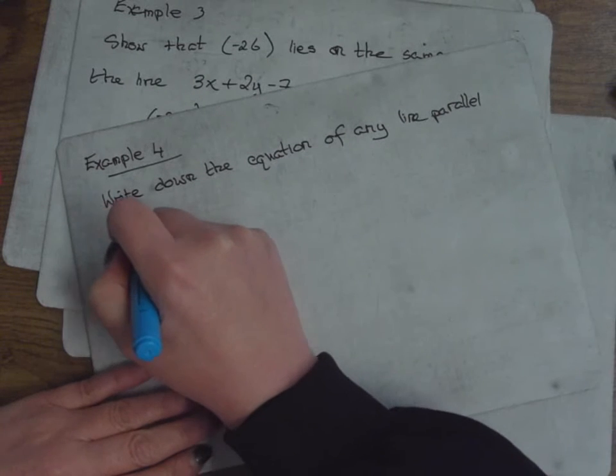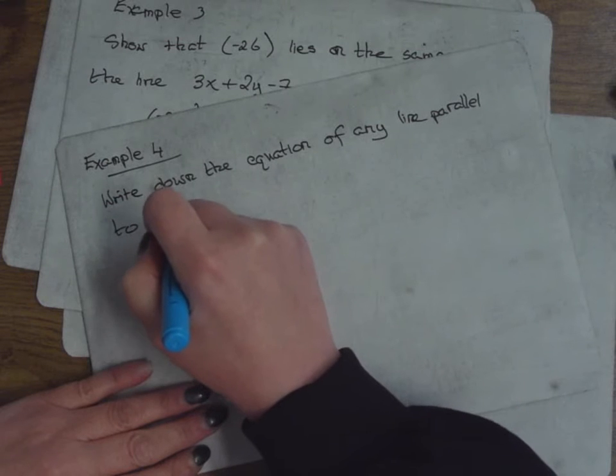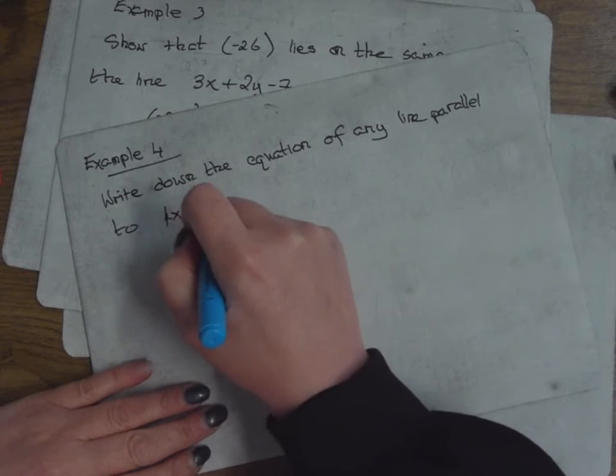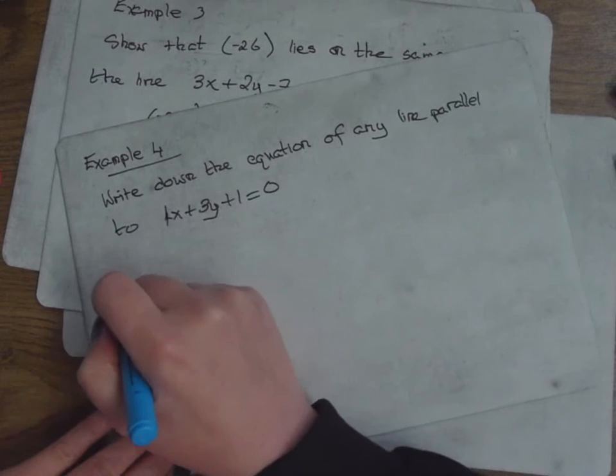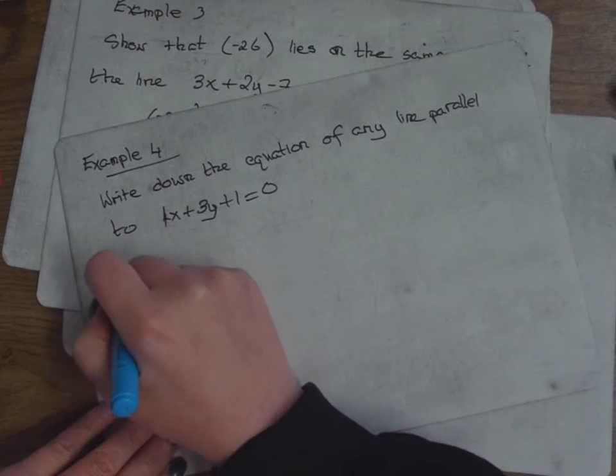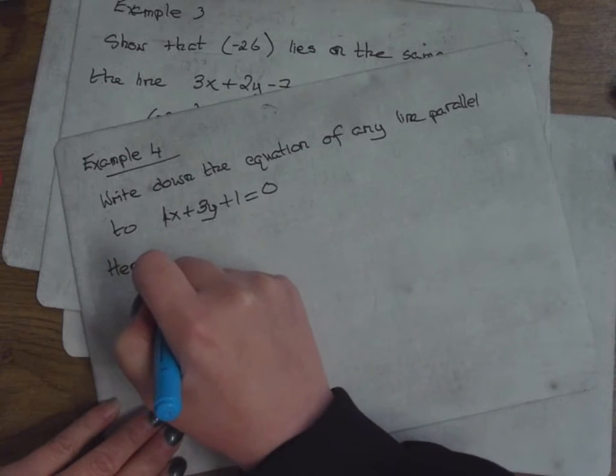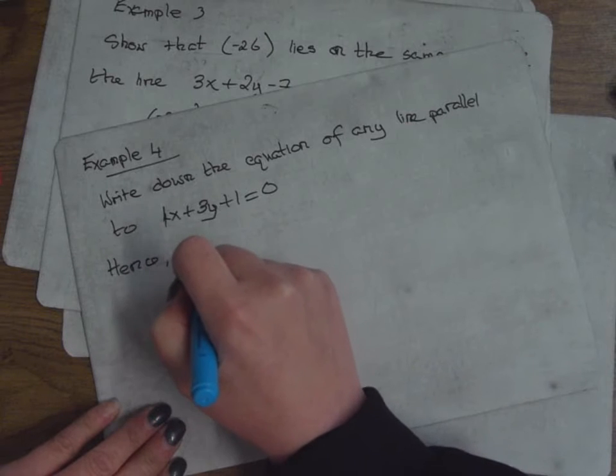Write down the equation of any line parallel to the line 4x plus 3y plus 1 equals 0. And the reason you're going to do that is you're going to find the equations of the two lines.